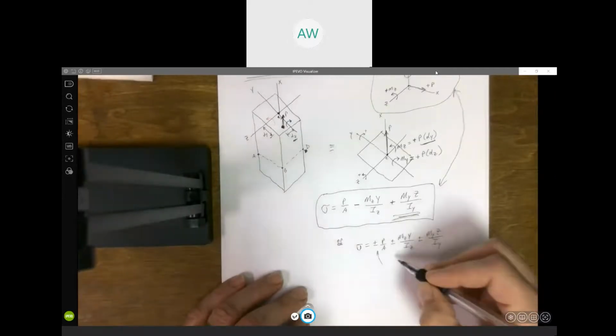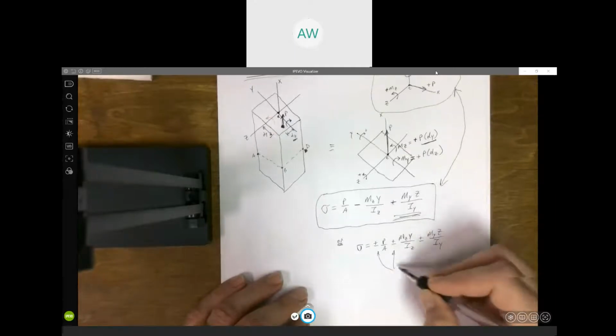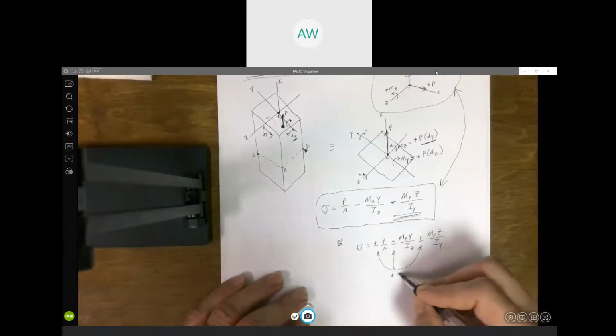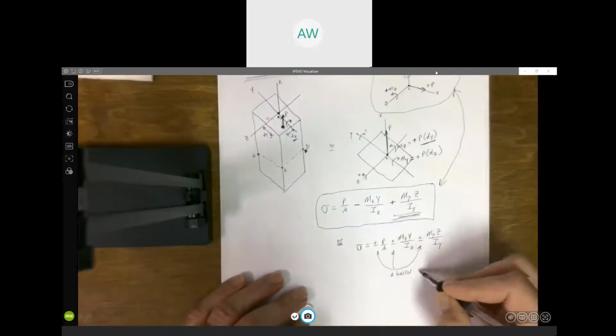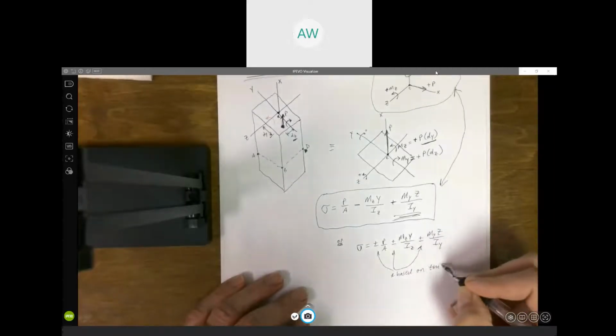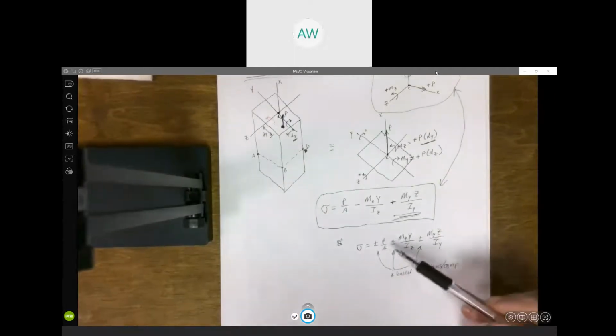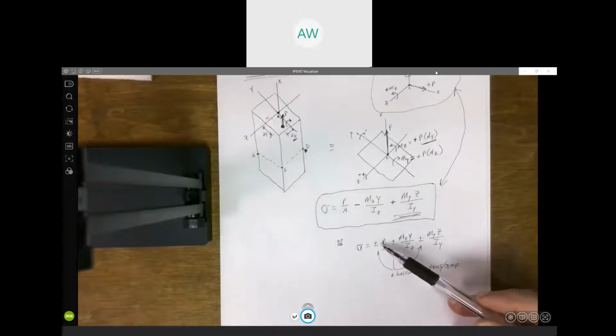And here, those plus or minus signs are based on you just looking at it and telling: is this force P causing tension or compression? Tension plus, compression minus.